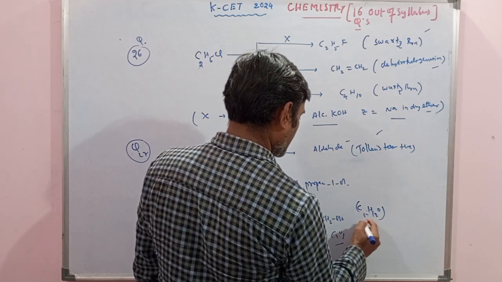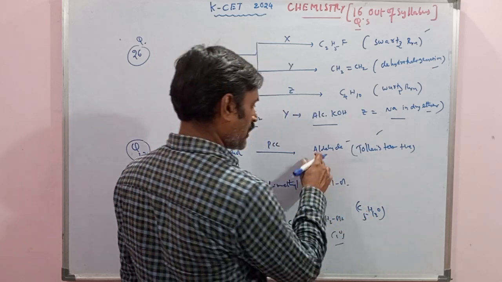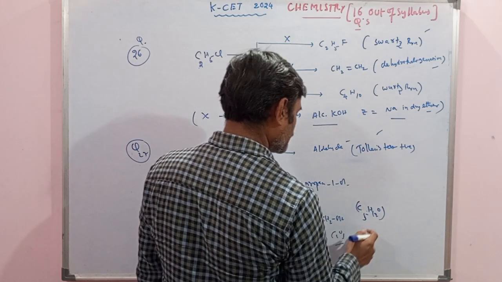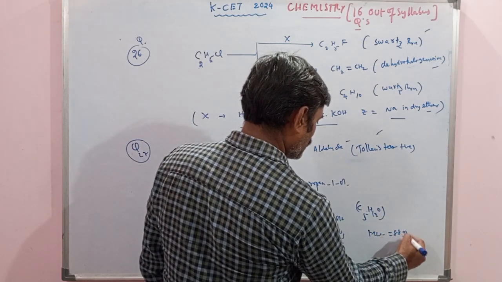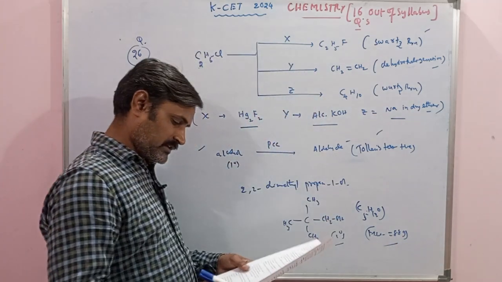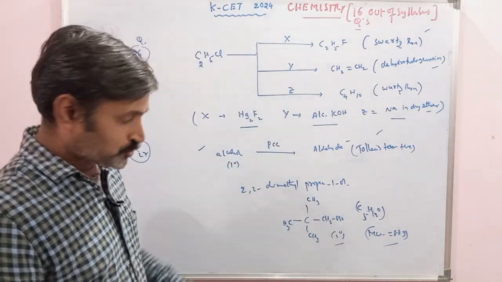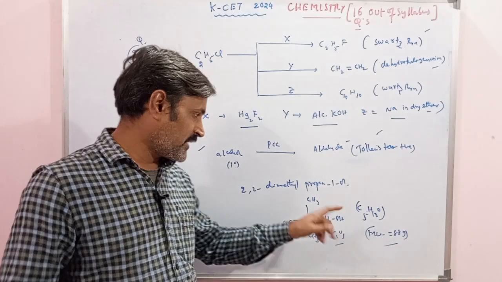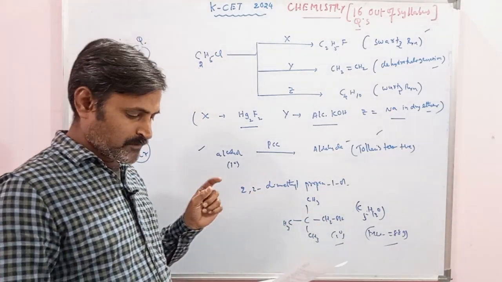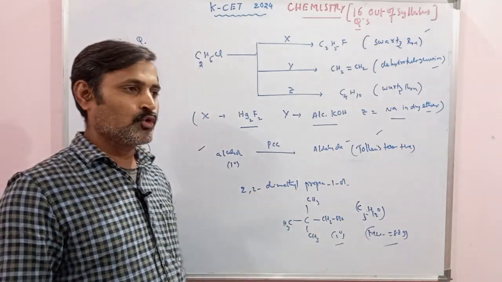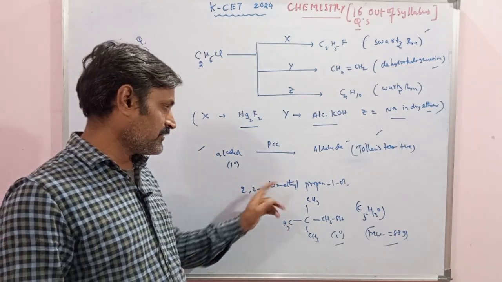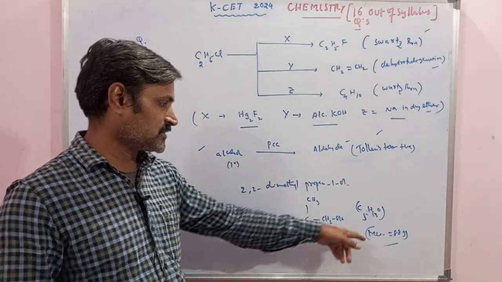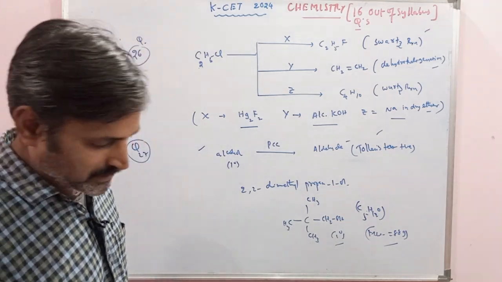It gives the carbonyl compound, an aldehyde, which gives a positive Tollens' test, with a molecular weight exactly equal to 88 grams, which we have already calculated. If any other substance in the options has the same molecular weight, that is not going to be the right one, because only one primary alcohol in the options satisfies this molar mass as per the problem.